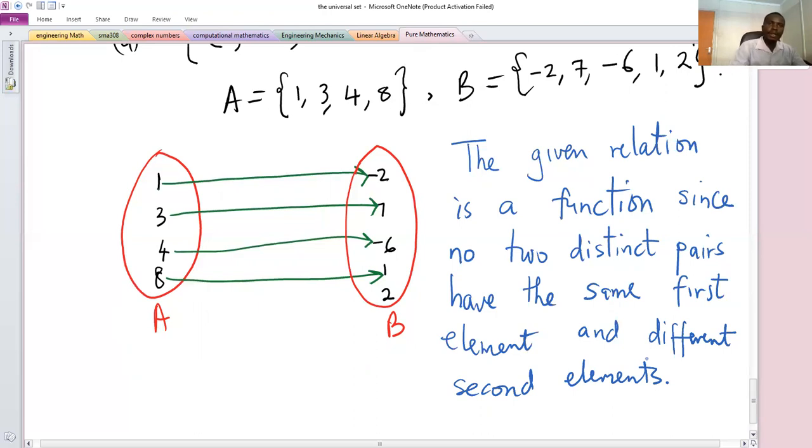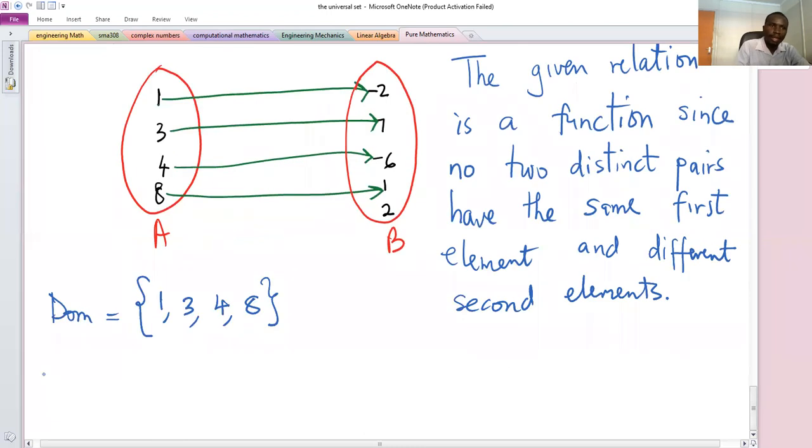And then remember, the domain is given by the set of all the first elements given in the relation. So we have 1, 3, 4, and then 8. And the range is the set of all the outputs, or the set of all the second elements in the relation.